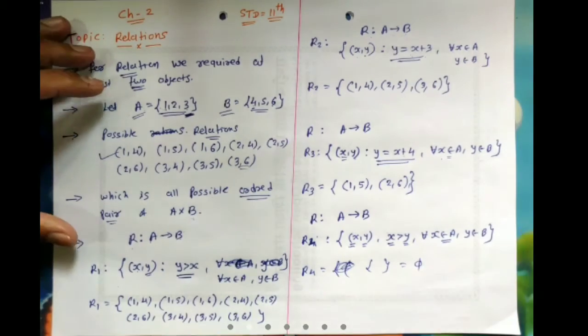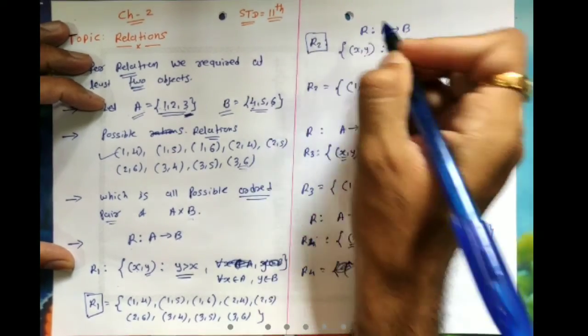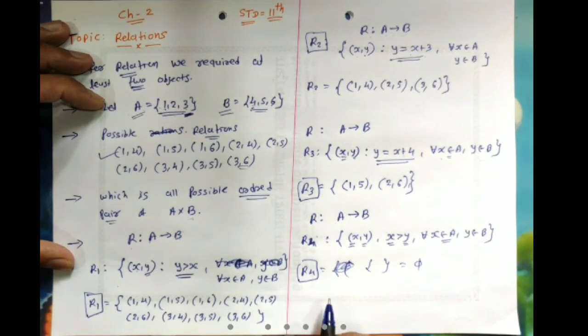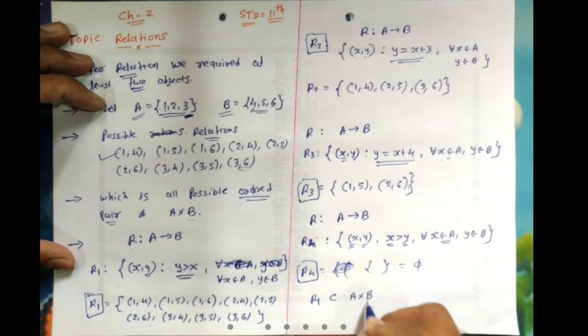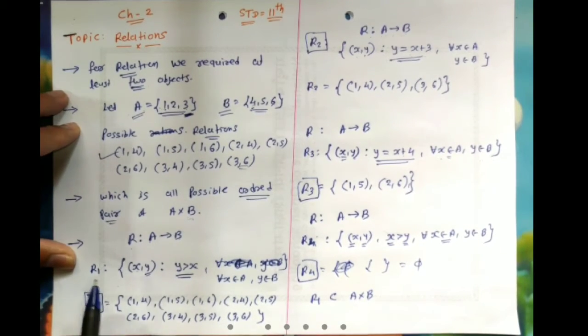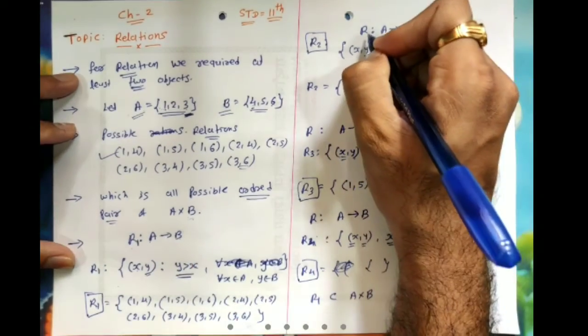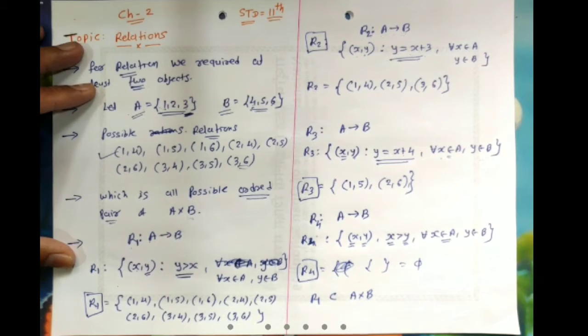So all the relations, that is R1, R2, R3 and this R4, all the relations are subsets of this cross product. So here we can say that R1 is a subset of A cross B. What is R1? R1 is the relation defined between set A and set B. This is R2, this is R3 and this is R4. Done?